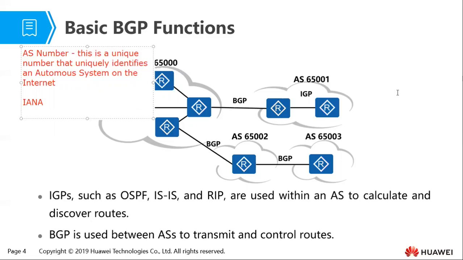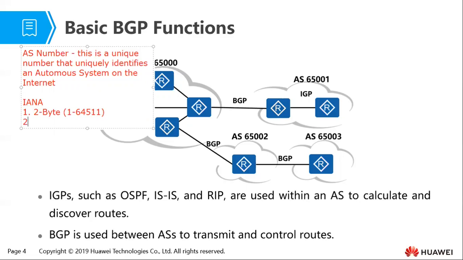Now, we have two types of autonomous system numbers, AS numbers. The first one was what we call the 2-byte AS numbers. They ranged from 1 all the way to 64,511.